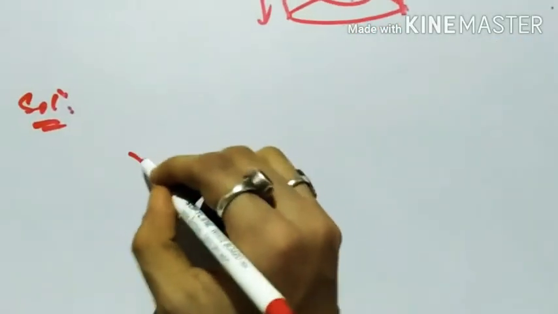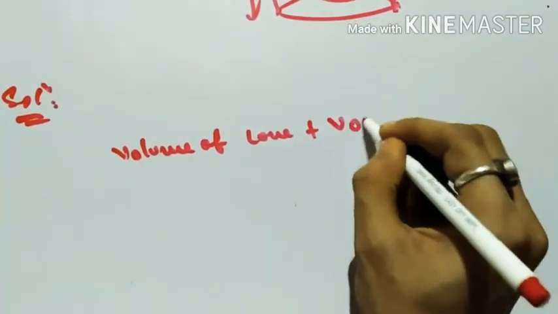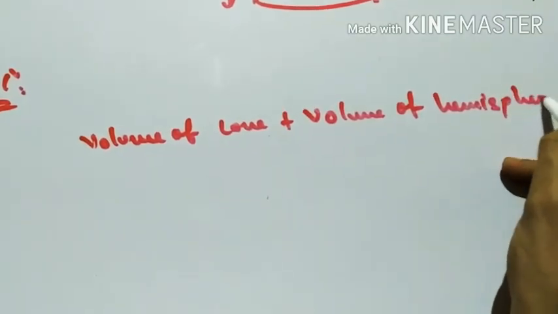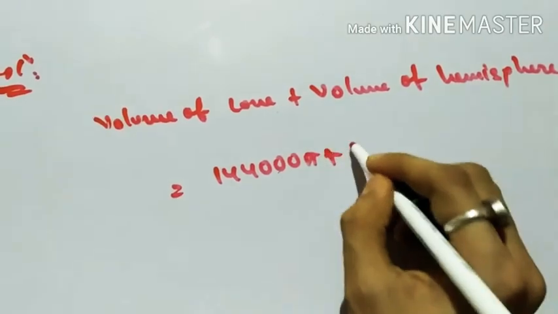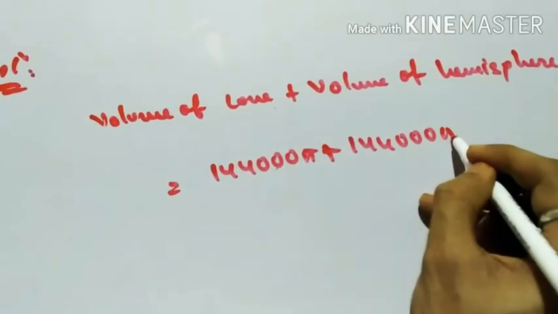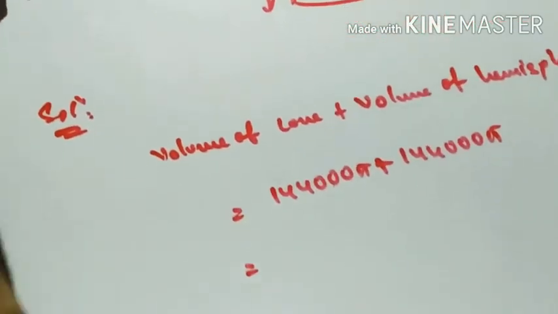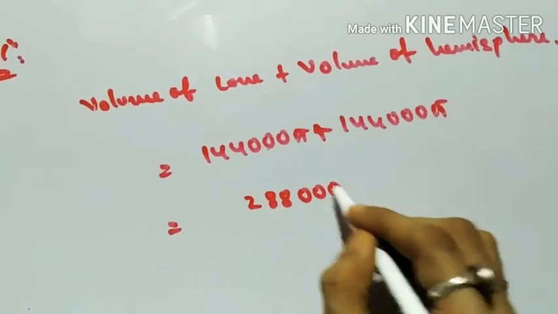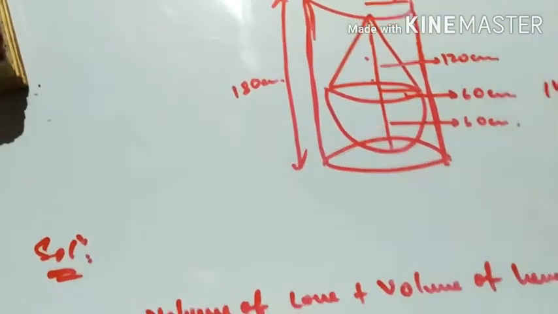Volume of cone plus volume of hemisphere equals 144000 pi plus 144000 pi, which is 288,000 pi centimeter cube. This is the volume of the cone and the hemisphere.